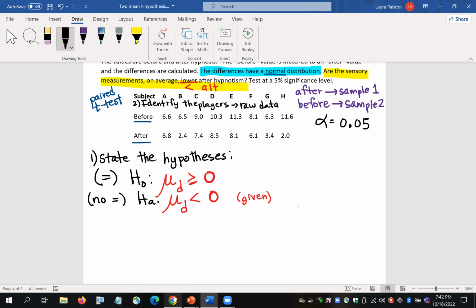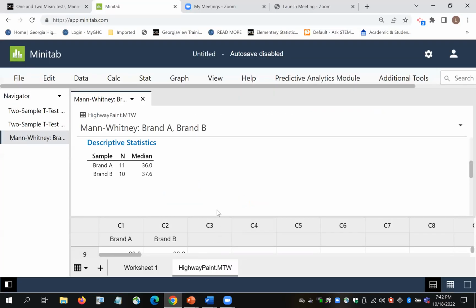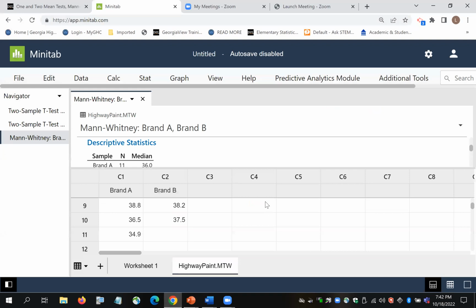So I've got to enter the data into Minitab. I can use a worksheet that I already have. I'm going to go over here to column 4 and put before hypnosis, and I'm going to put after hypnosis. I could put the subject number in there, but I don't necessarily need it.